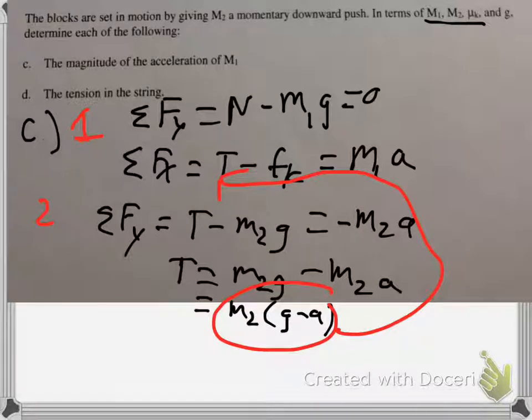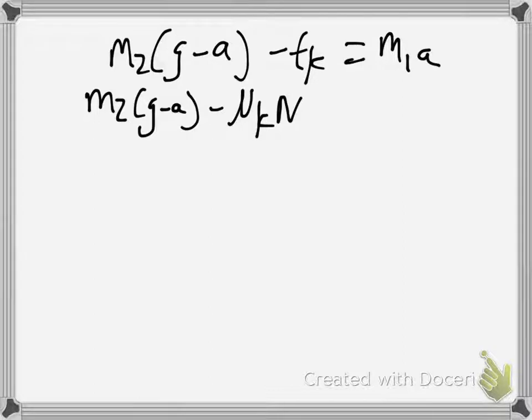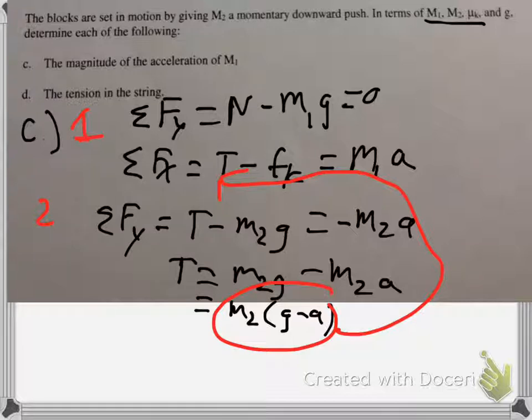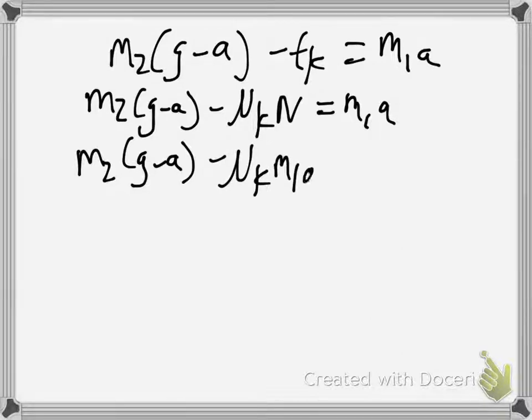Well, remember we can rewrite kinetic friction as mu k times the normal force. And what is our normal force equal to? Normal force is equal to m1g. So m2g minus a, minus mu k m1g, is equal to m1a.